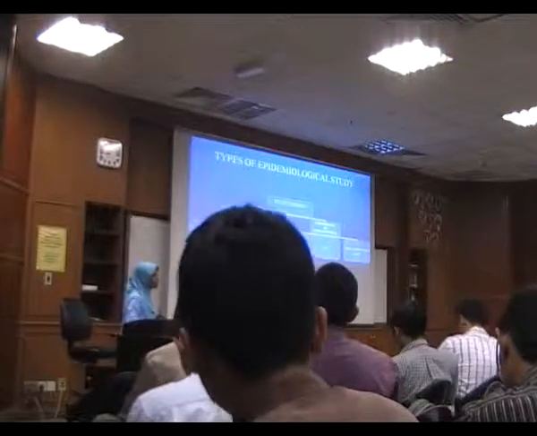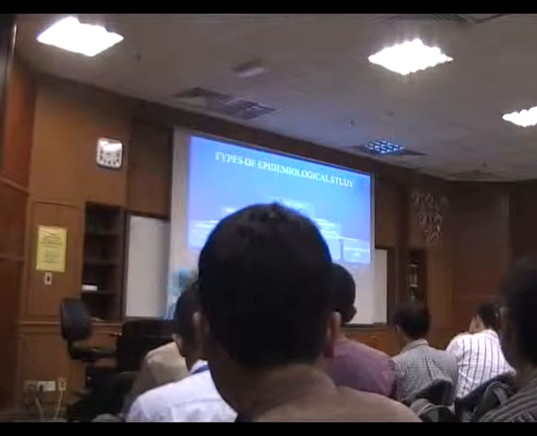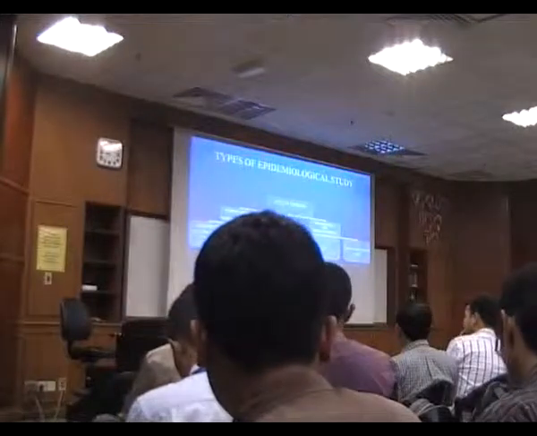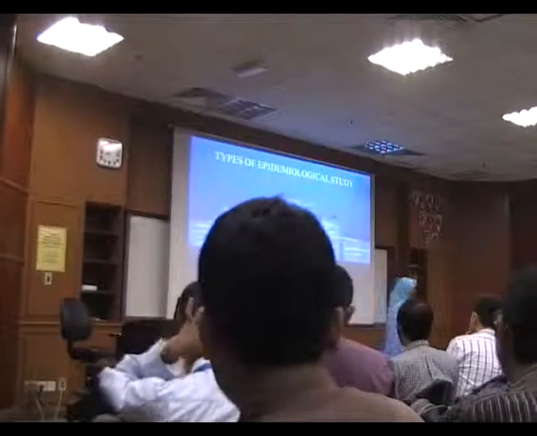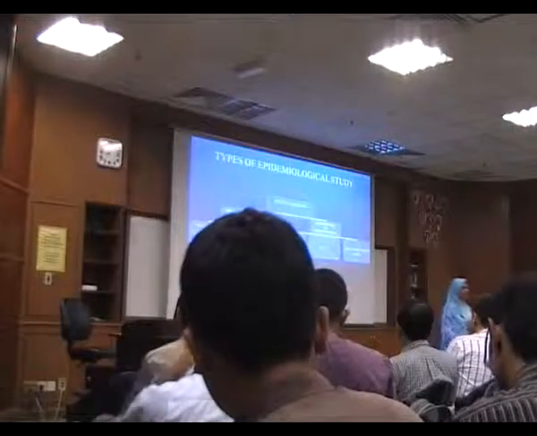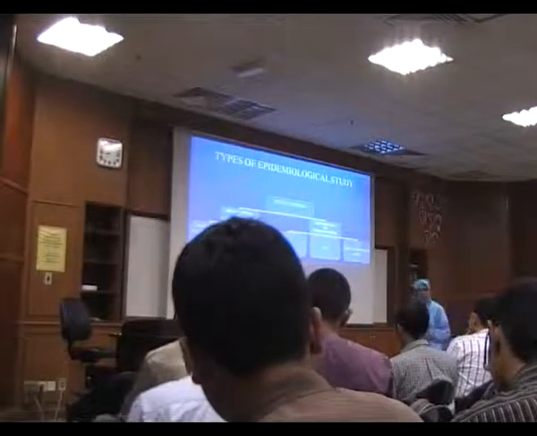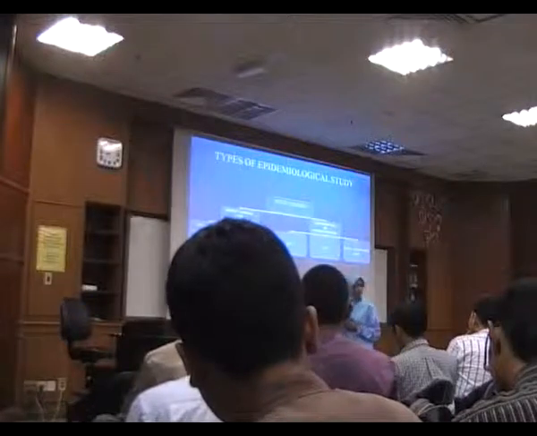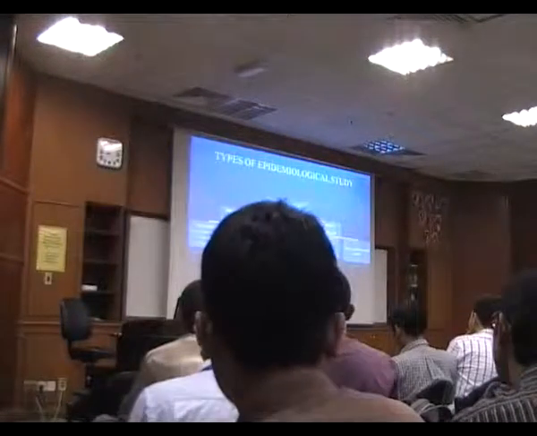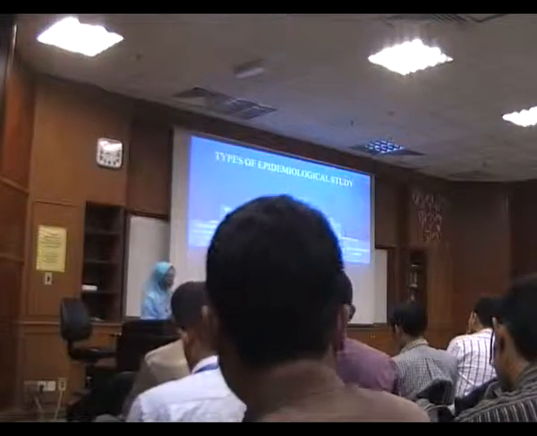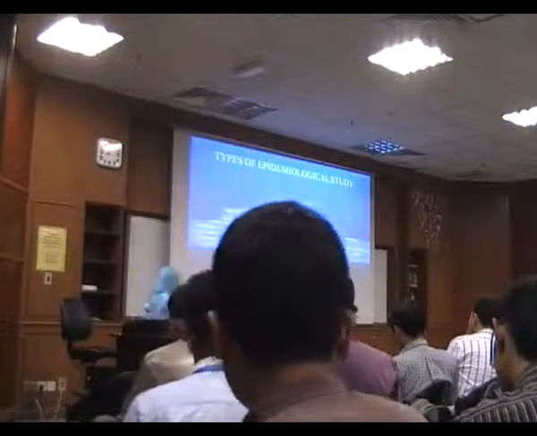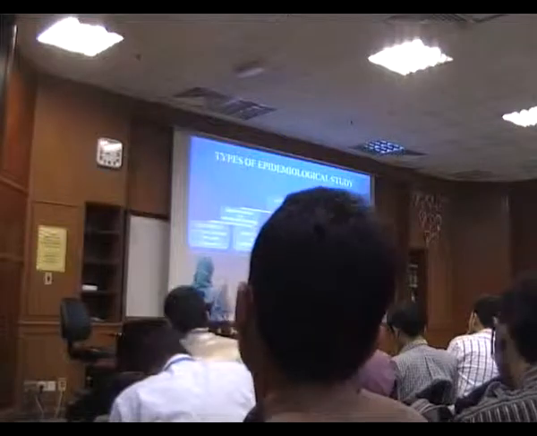You know what is incidence? Prevalence is the number of both old and new cases, and incidence is only the number of new cases. But it will be covered in another lecture. Don't worry. But these two parts are very important for you.